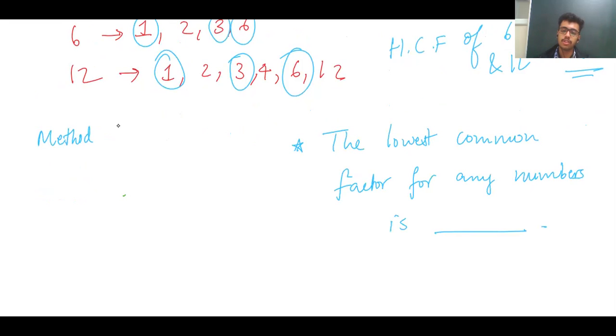Yes. So whichever numbers you take, the lowest common factor will always be 1. Why? Sir, because all the numbers come in one table. Yes, because 1 is a factor of all numbers.